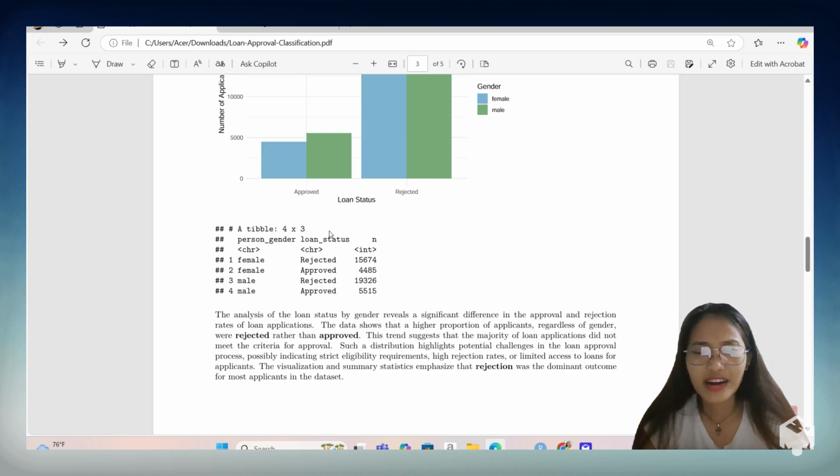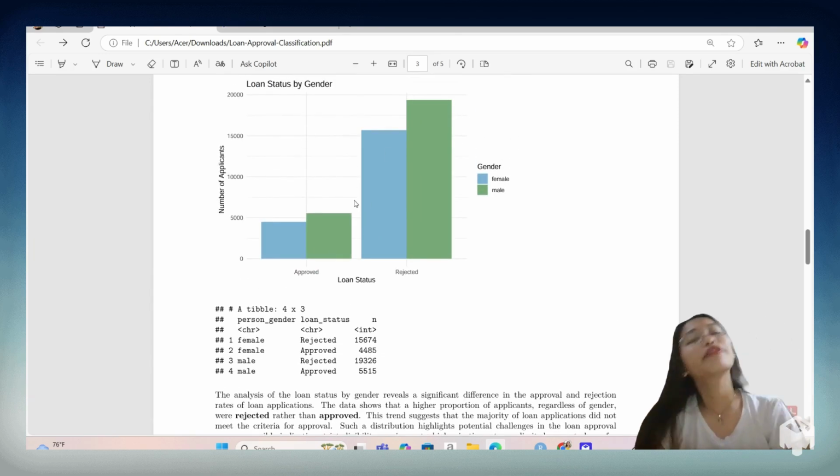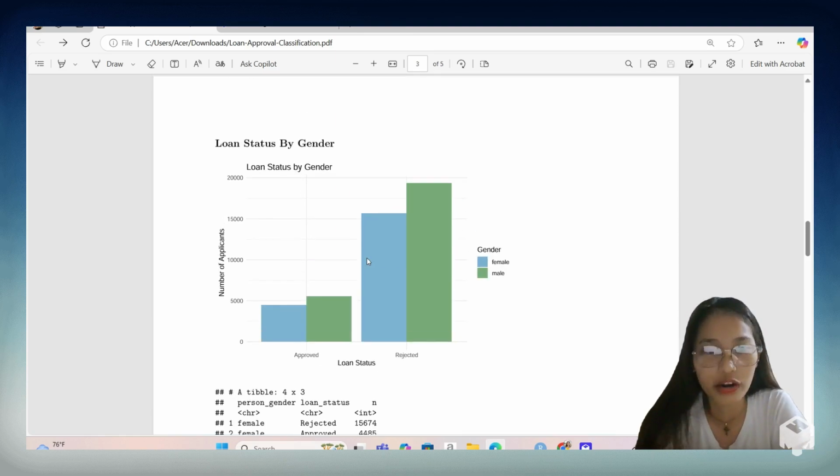This trend suggests that the loan approval process might have strict requirements, because many were rejected rather than approved. There is a high rejection rate or limited access to loans for many applicants. The data and visualization clearly show that rejection was the most common result in this dataset. For this bar graph, I have used geom_bar.